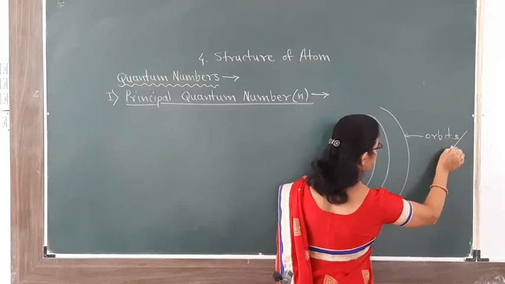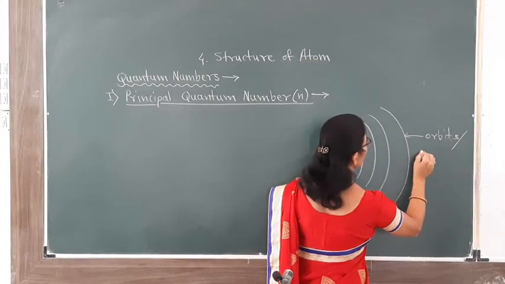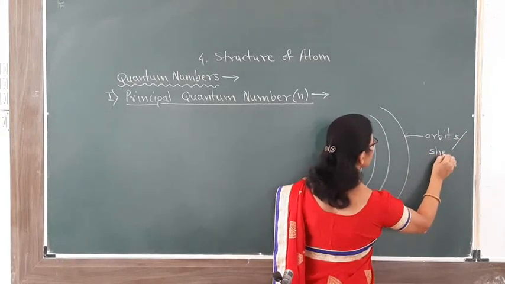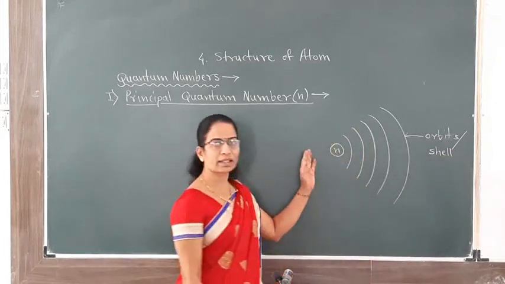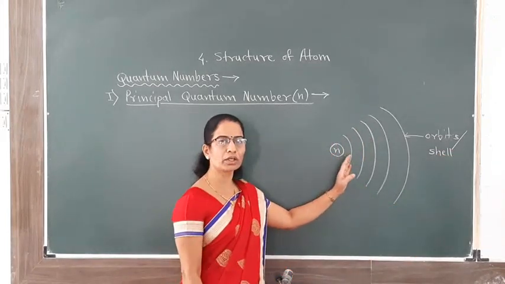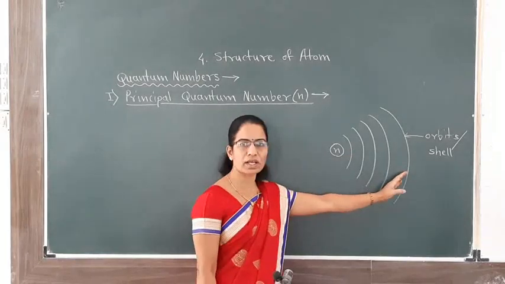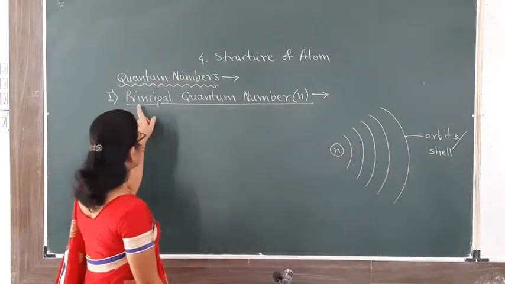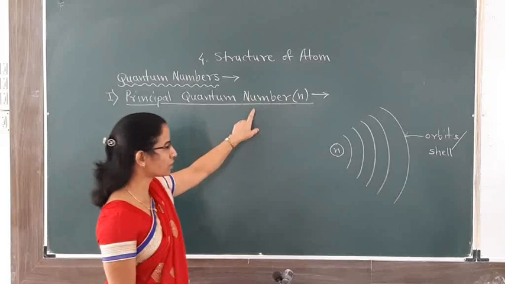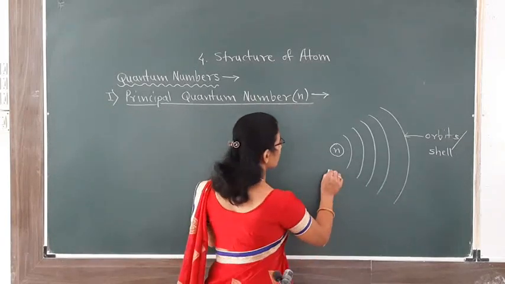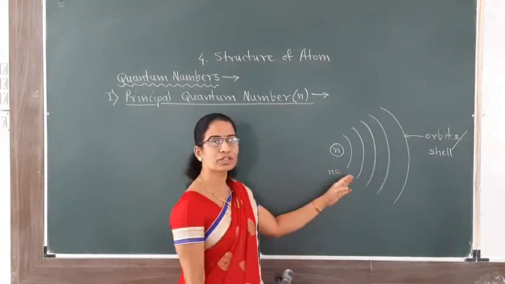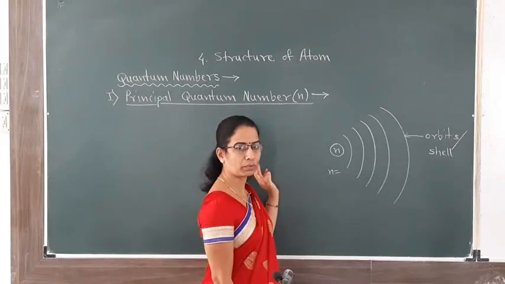These stationary energy levels are also called shells. These are the main shells around the nucleus in which the electrons are revolving. So, this quantum number gives us the idea about the number of the shell in which that electron is revolving.